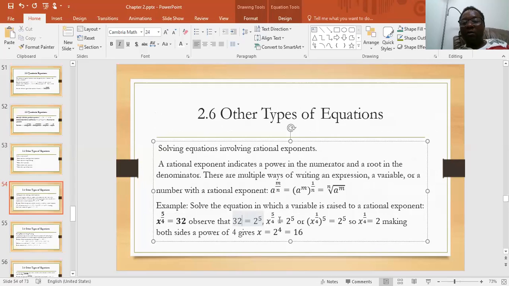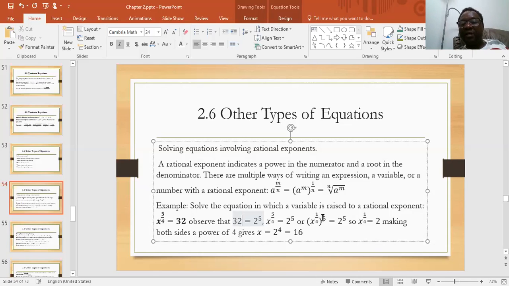So I will express x raised to power 5 over 4 as x raised to power 1 over 4, all raised to power 5. Remember the rule of exponents: when you raise a power to another power, you multiply.